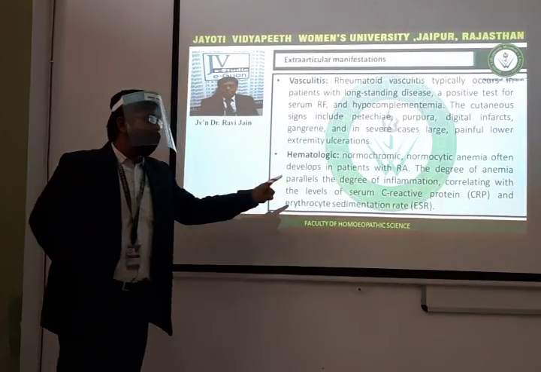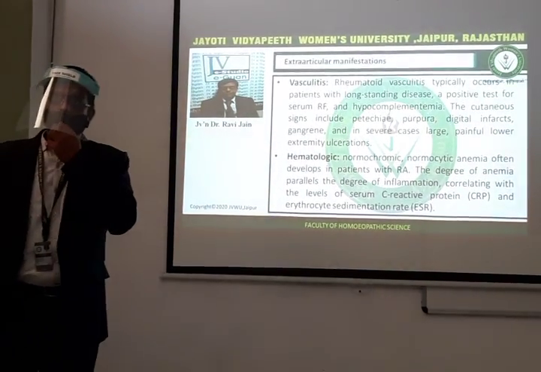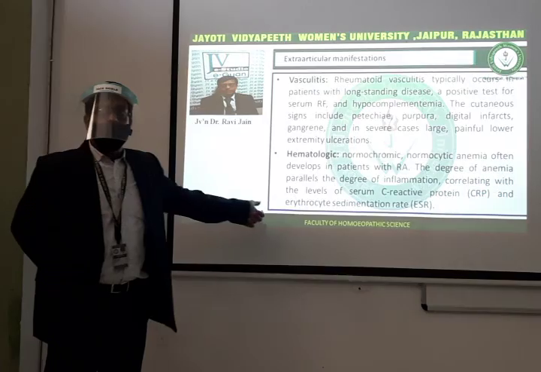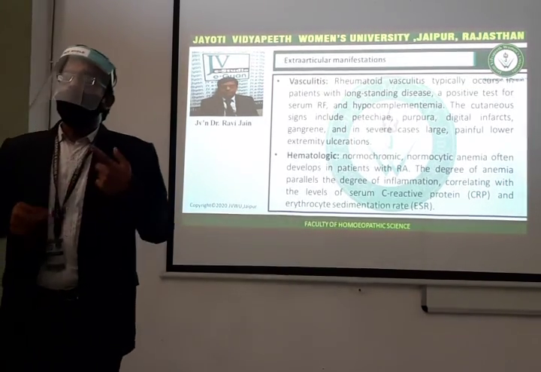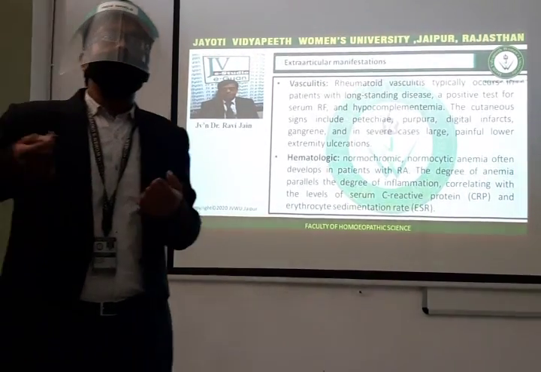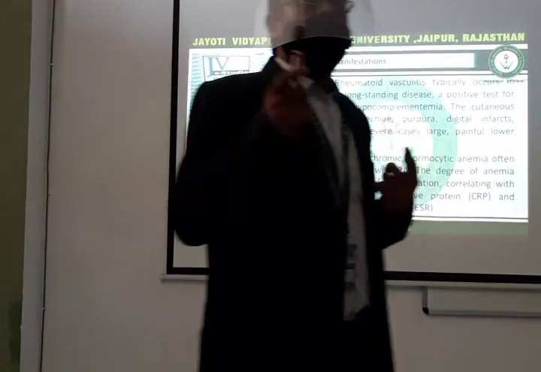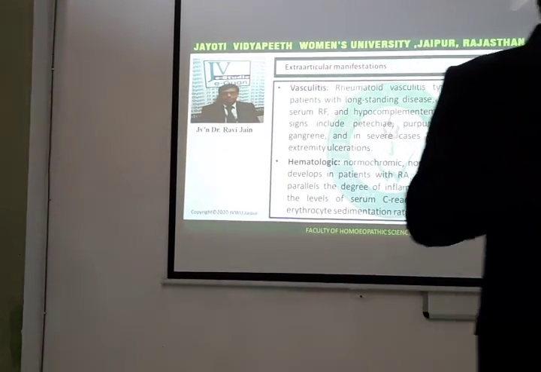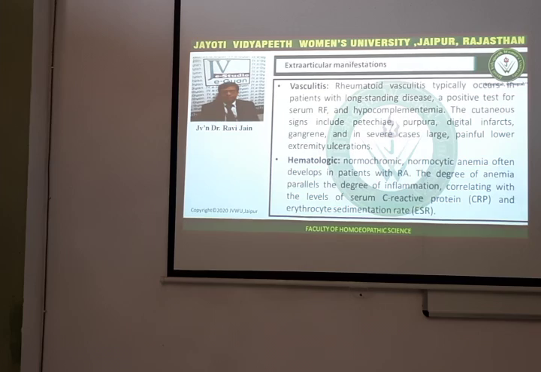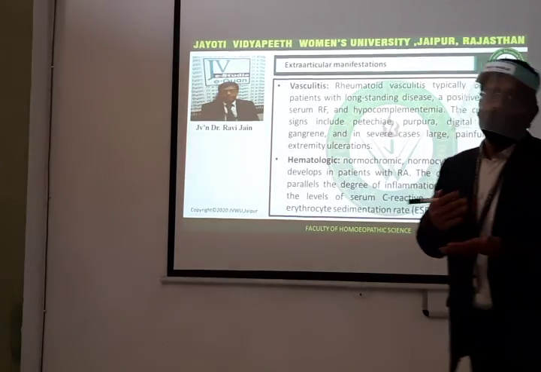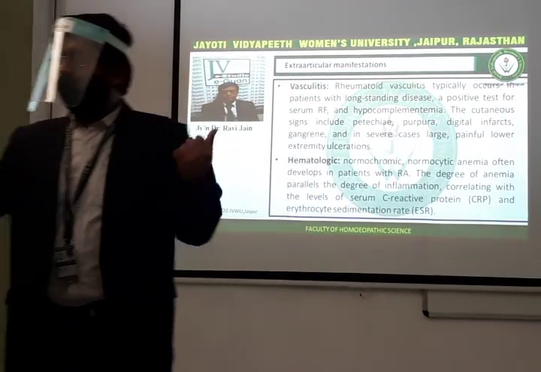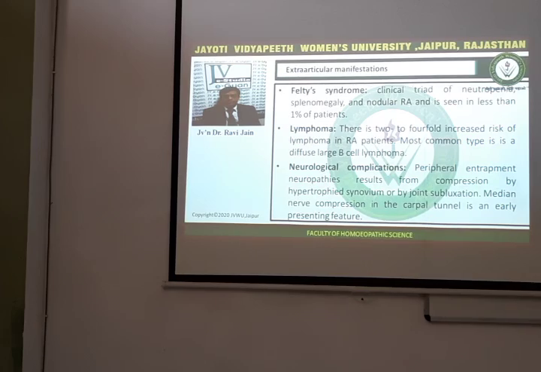Correlating with the level of CRP, C-reactive protein, this I have already told you, and ESR. So ESR and CRP represent inflammation. The higher the value of CRP and ESR, the more is the inflammation, the more is the anemia, and the more is the severity of the disease. And as the value reduces, that means the inflammation has reduced and the general condition of the patient will improve. The disease will regress.